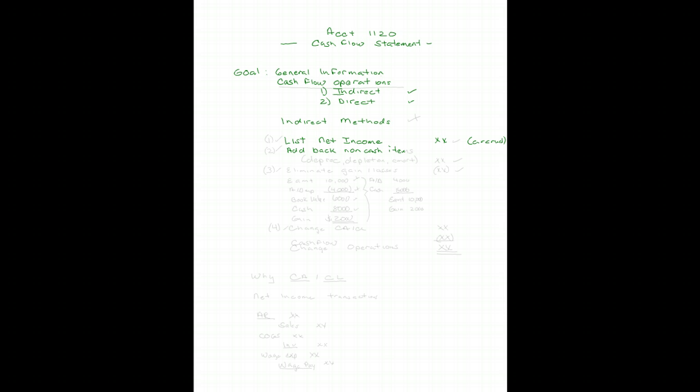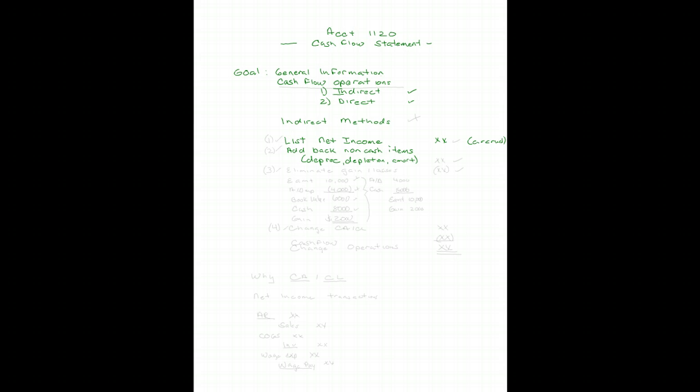There are only a couple that we've learned. Depreciation is an expense, but it doesn't use cash. Depletion is an expense, but it doesn't use cash. And amortization of things, those are expenses that don't use cash. So we would add those back.